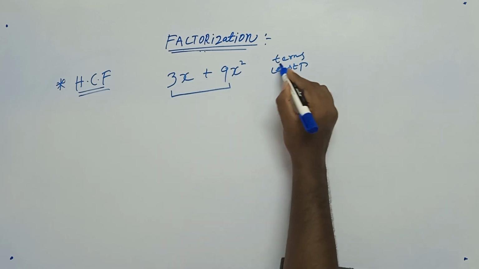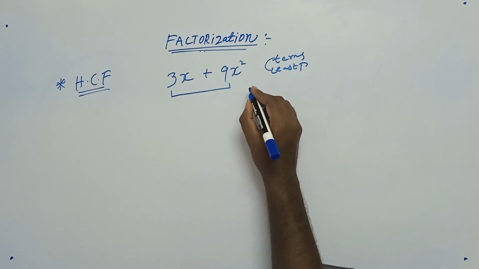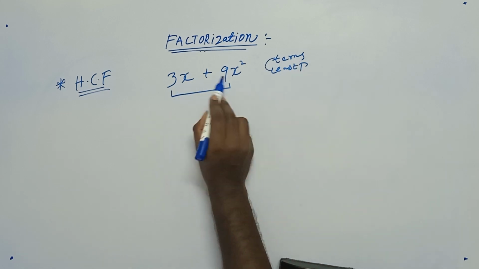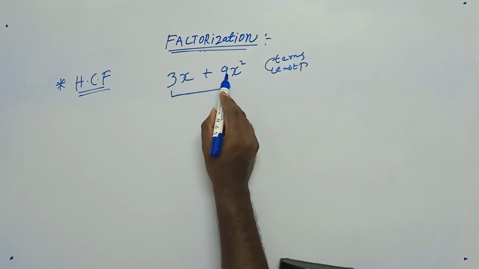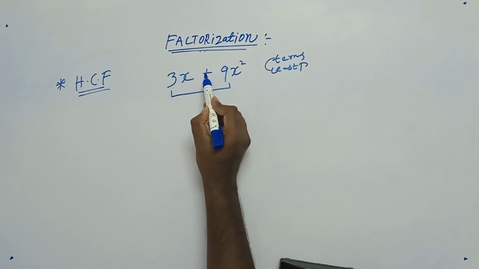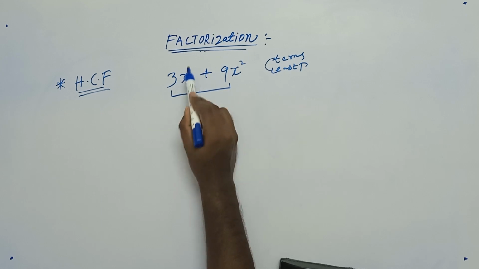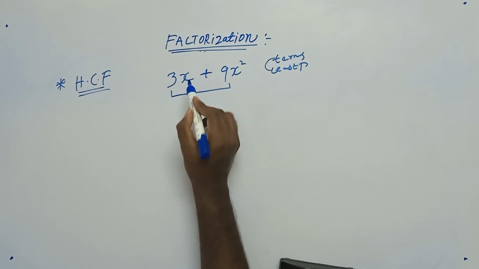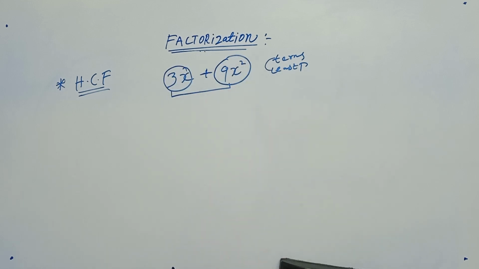Here we have already discussed terms and least power. Now, what are the terms in the given expression? I have already explained that when the values are separated by plus and minus, those values are called terms. So 3x is one term, 9x square is another term, right?